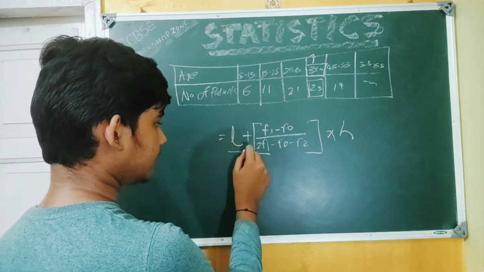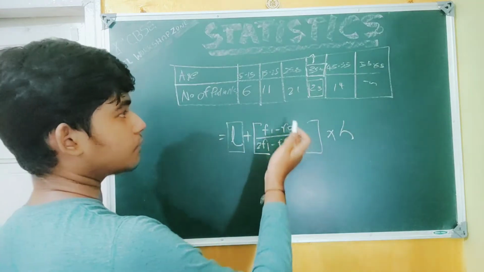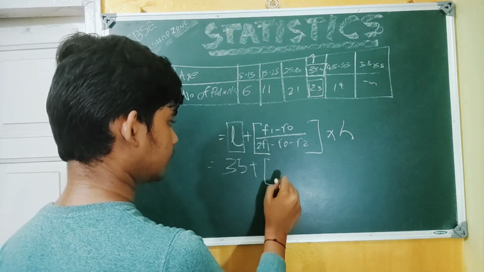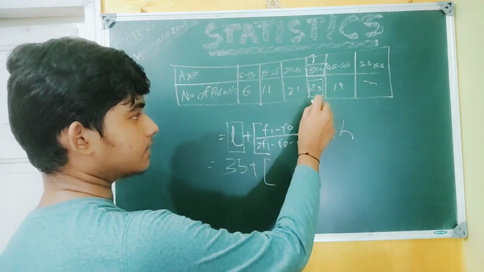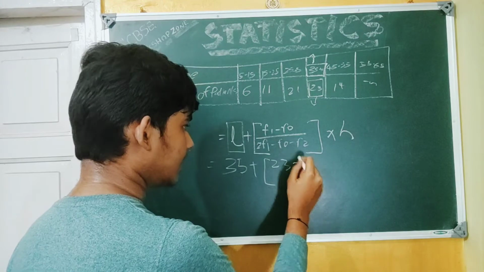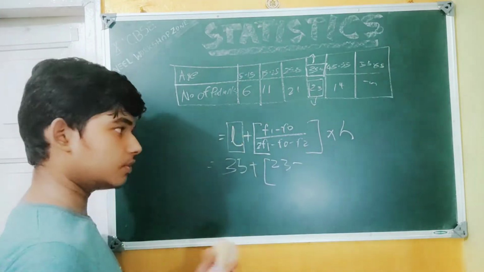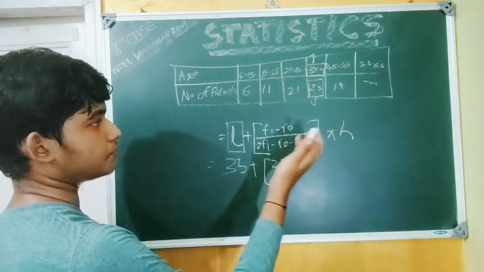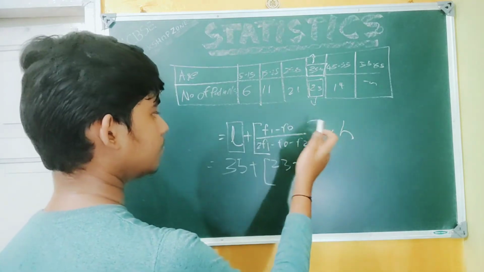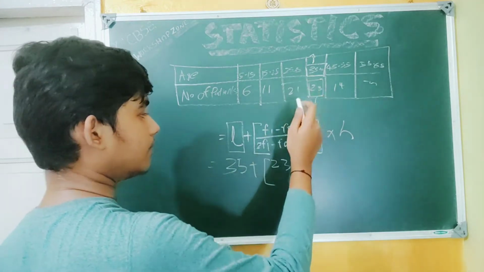L over here represents the lower limit of the modal class. So L here stands for 35. Next let's go to F1. F1 is the highest frequency, which is 23. Now F0: if the frequency is F1, then F0 is the predecessor of this frequency, the previous one, so 21 will be F0.